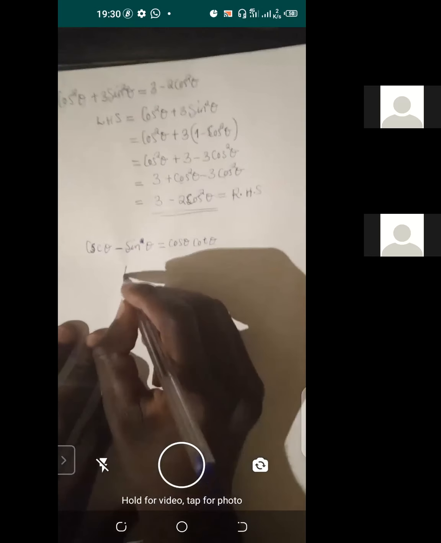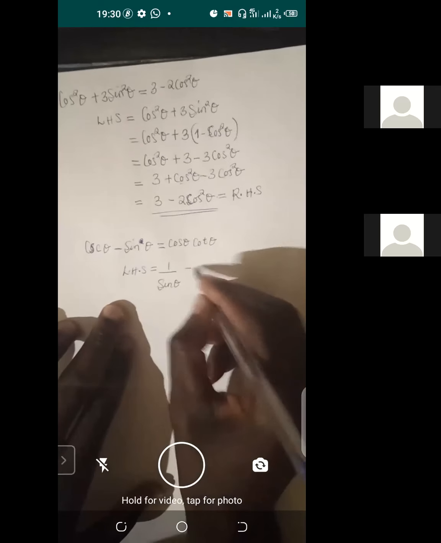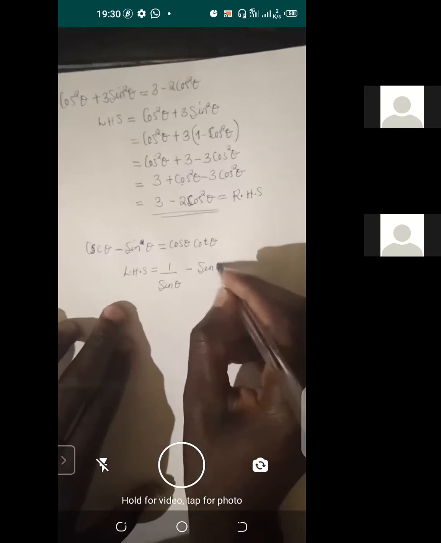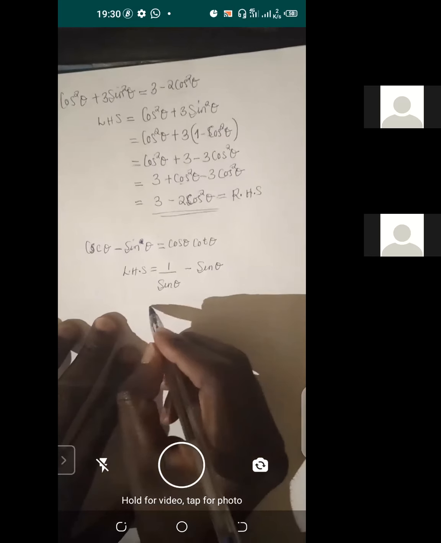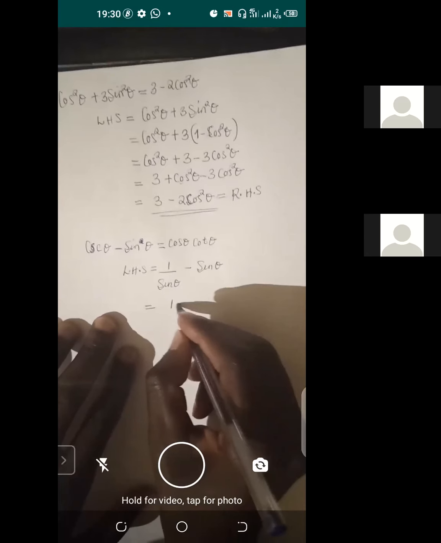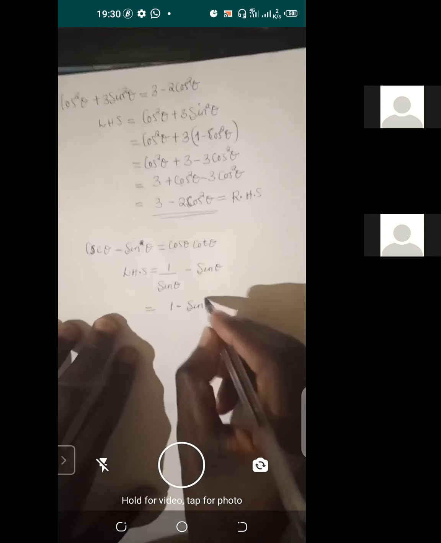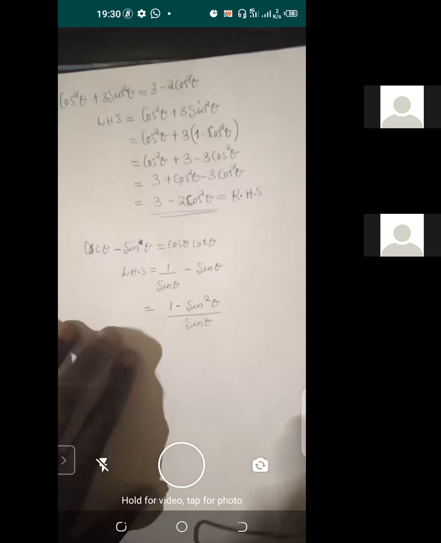So the left-hand side is equal to cosec theta, which is 1 over sine theta minus sine theta. And this one is equal to, common denominator here, 1 minus sine squared theta over sine theta.